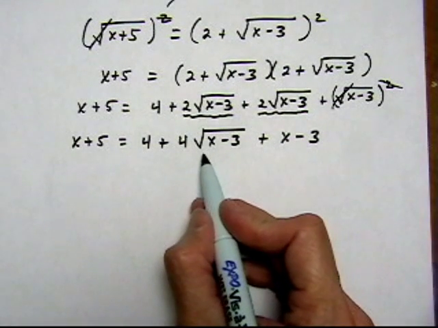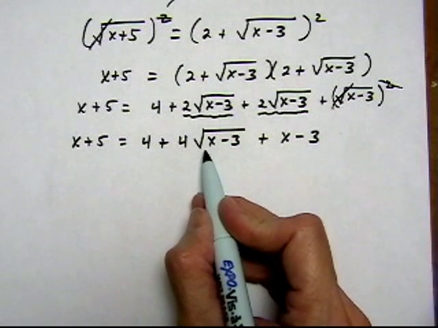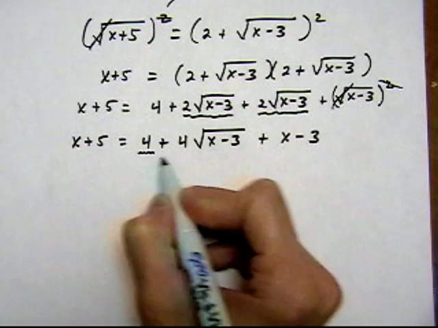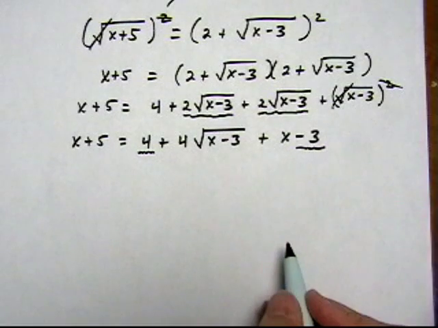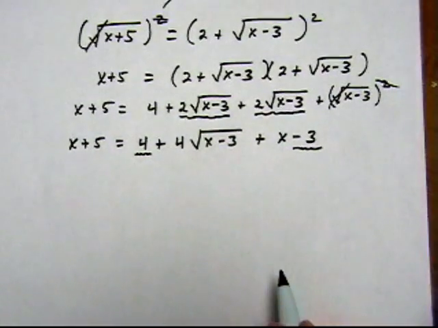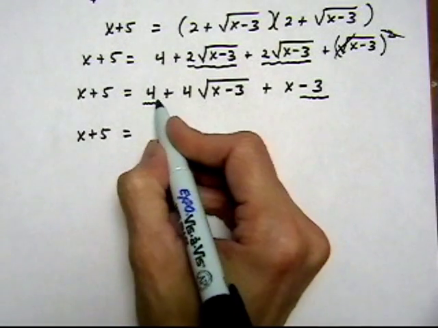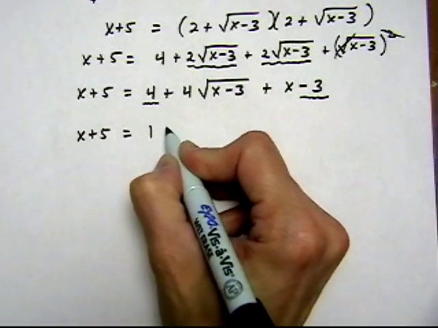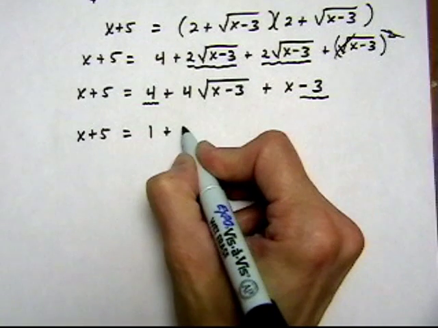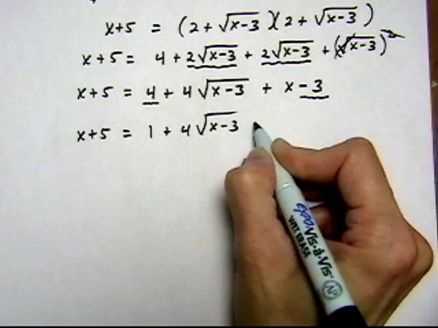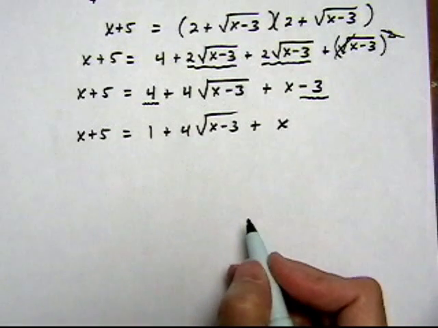And now we want to keep simplifying a little bit, and then we'll isolate this other root that's here. So simplifying a little bit more, we have like terms 4 minus 3, so we can combine those. And now we get x plus 5 is equal to 4 minus 3 is 1, plus, and I'm just going to bring down the rest of the stuff, 4 square root x minus 3 plus x.